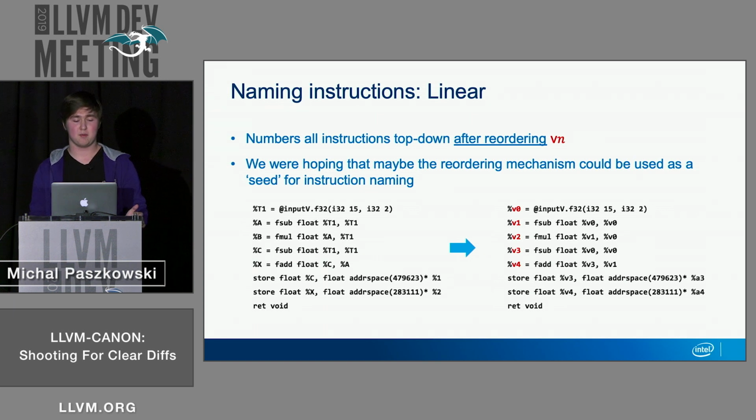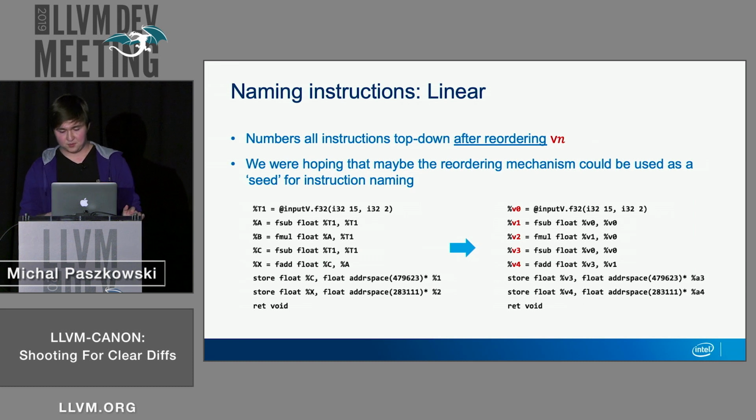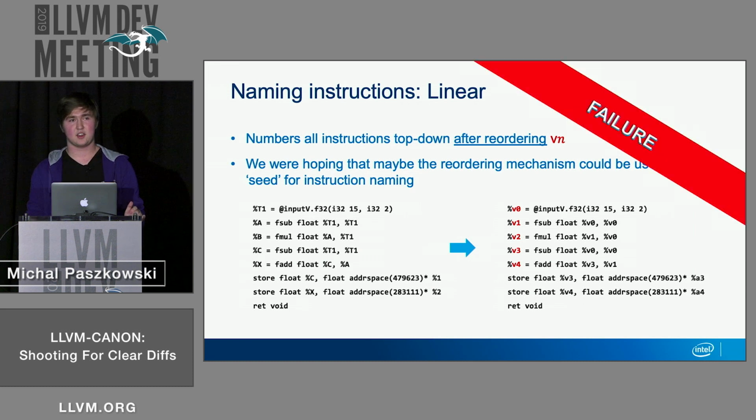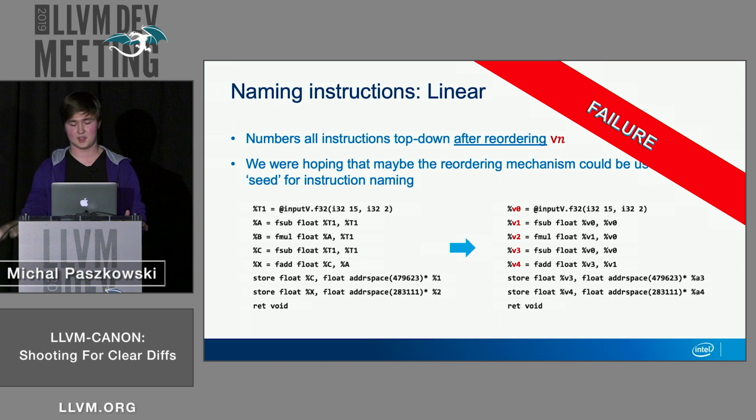We were hoping that after reordering, the order of the instructions could be used as a seed for instruction naming. However, it didn't really work. The thing is that as some transformation inserts one more instruction anywhere in the file, it increments all of the numbers for all the instructions down from that place.